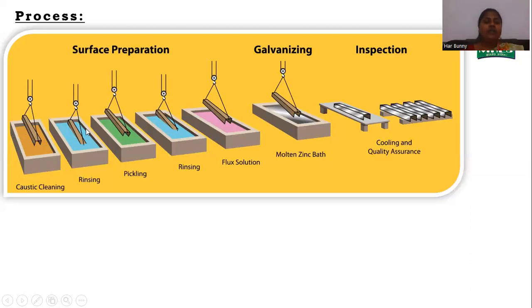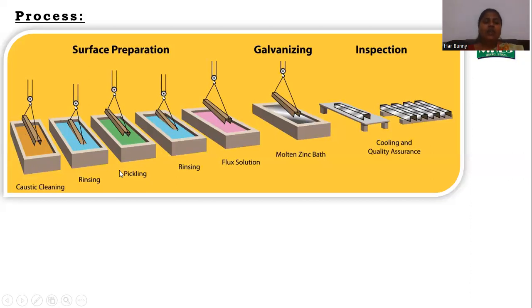After that, we do the pickling process. So what is the pickling process? Pickling is a solution of dilute H2SO4 or dilute HCl. The iron metal or iron sheet is dipped into a solution of dilute H2SO4 or dilute HCl.